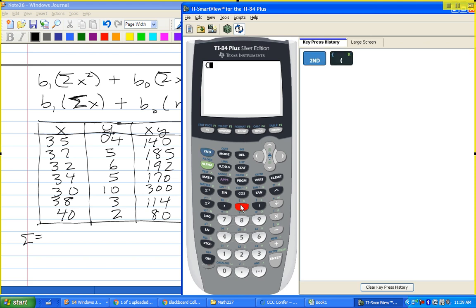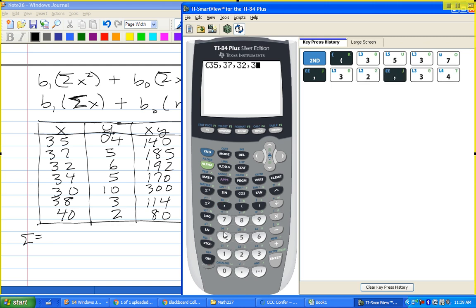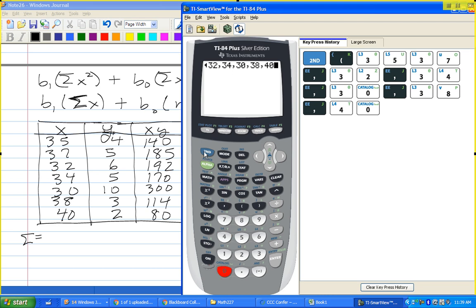Okay, it's acting pretty good. Input the data into L1.